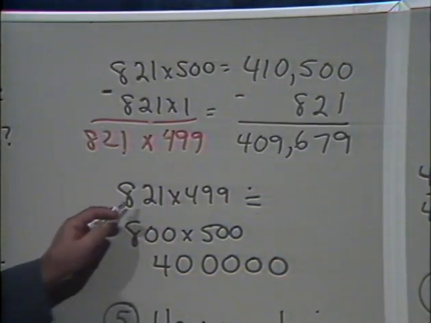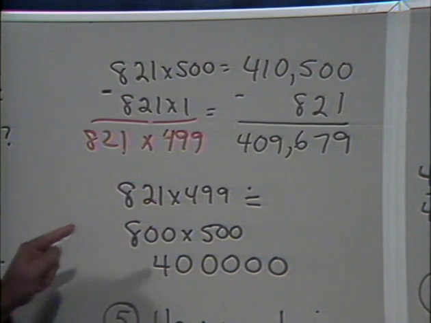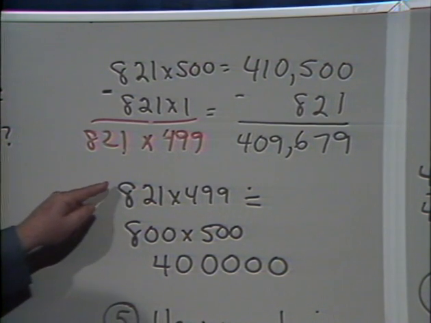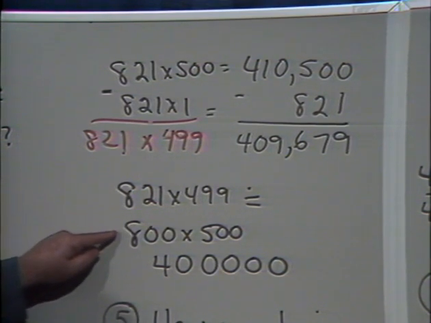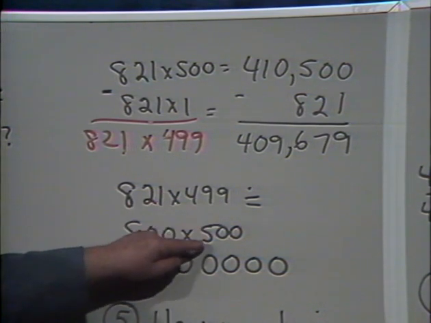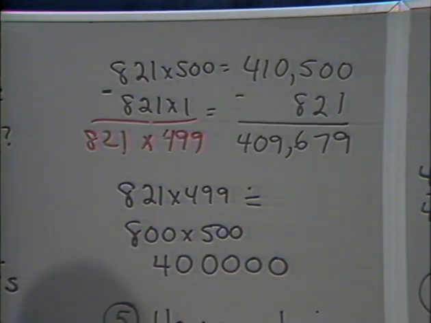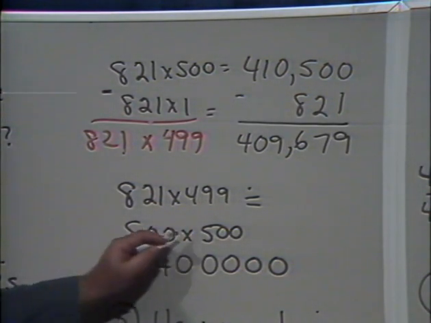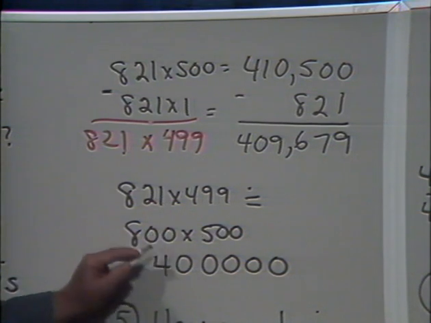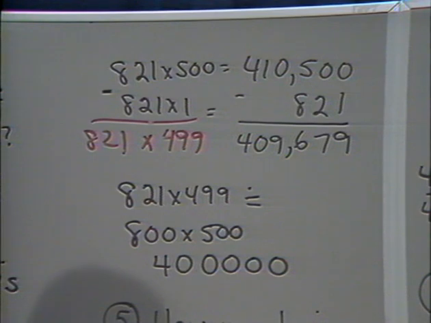I want you to be able to look at a problem like 821 times 499 and say, look, here's where rounding off comes in. 821 is rounded off to the nearest hundred to be 800. And 499 to the nearest hundred is 500. And 800 times 500 is an easy problem to do, because 8 times 5 is 40. Then you have 1, 2, 3, 4 zeros.